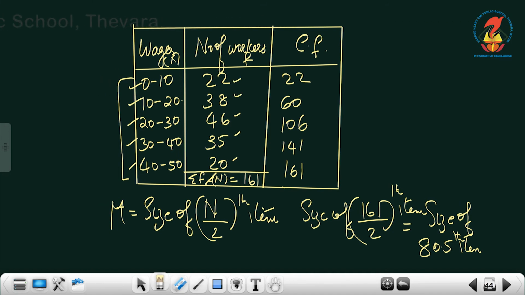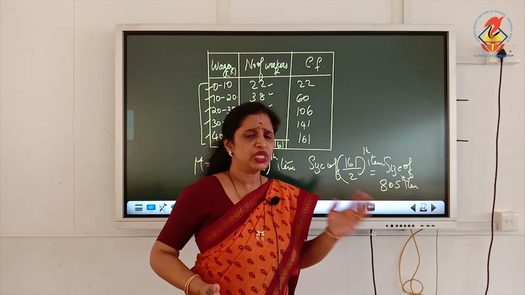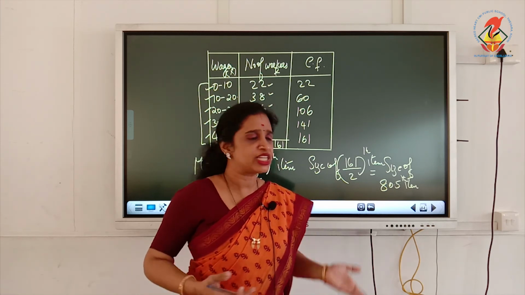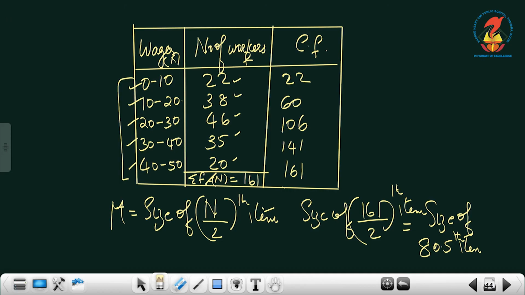Now, the second thing that you have to do is convert the simple frequency into cumulative frequency. So, first frequency will be as it is, 22 plus 38, 60, 60 plus 46, 106, 106 plus 35, 141, 141 plus 20, 161. See, the last value of your cumulative frequency and the sigma f will be the same value. Now, what should be the next step that you have to follow?